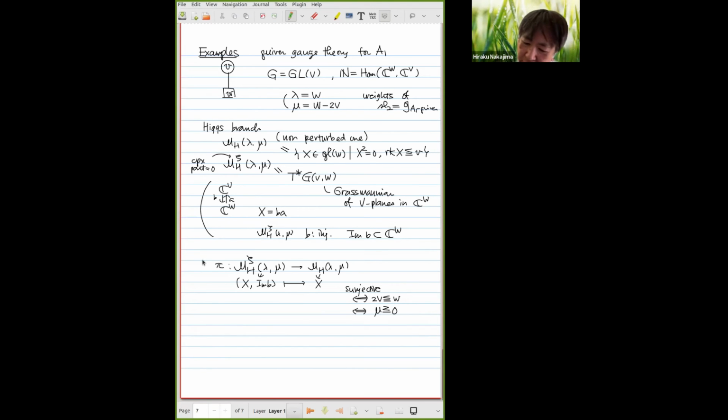And also before this, I should also say that this M_H zeta is non-empty if and only if V is smaller than or equal to W. So I consider the Grassmannian of V-planes in C^W, so V cannot be larger than that.